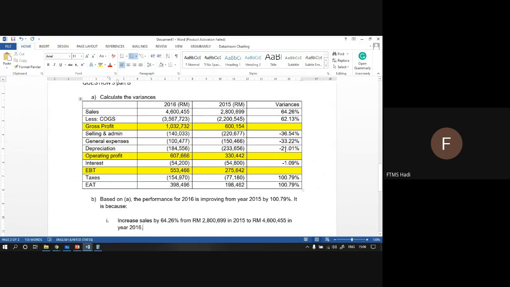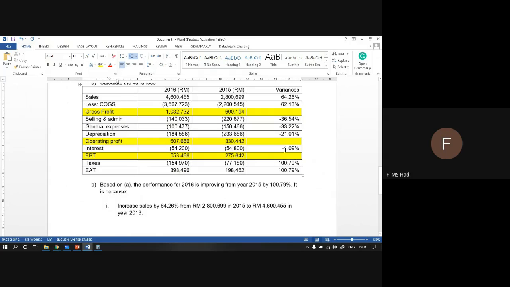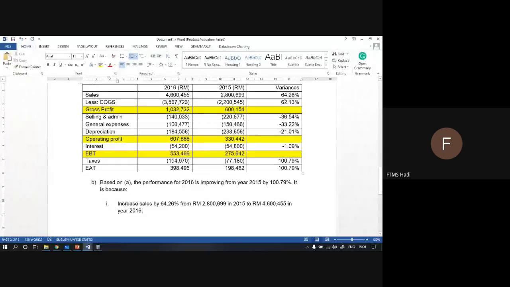Another part you can consider is the decrement of cost. You see here, 36.54, 33.22, and 21.01, which is quite okay. So decrease cost by 36.54% for selling and admin expenses. I put decrease because it is a significant to huge improvement on profit.